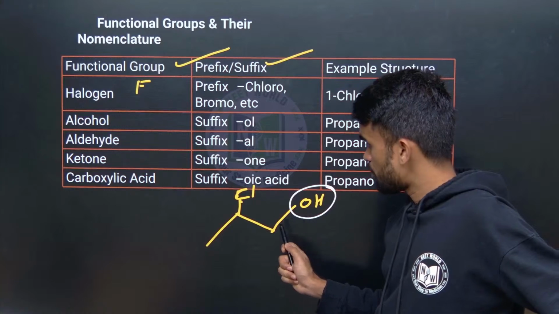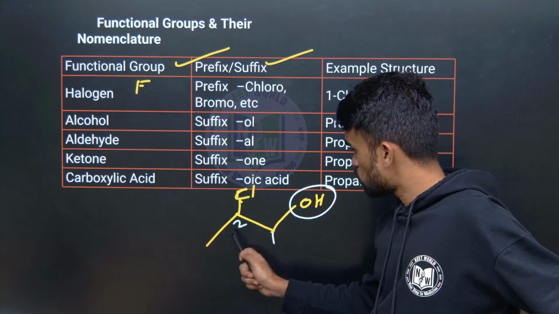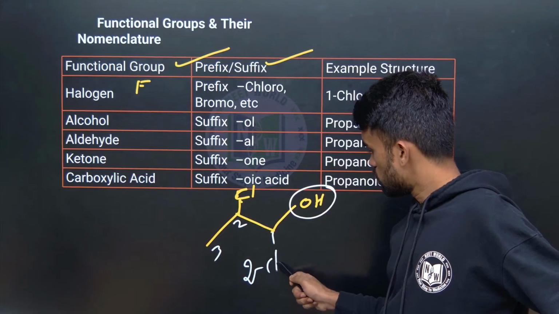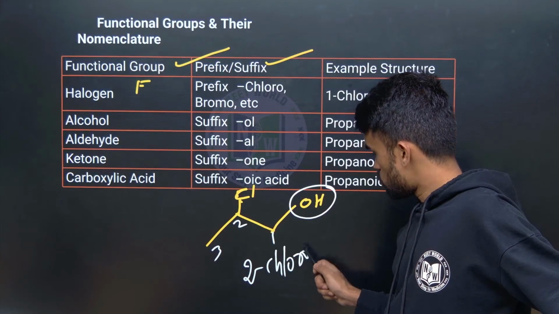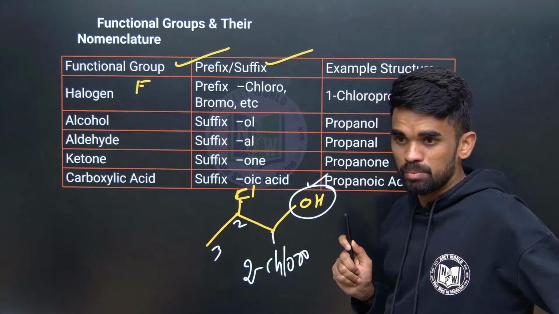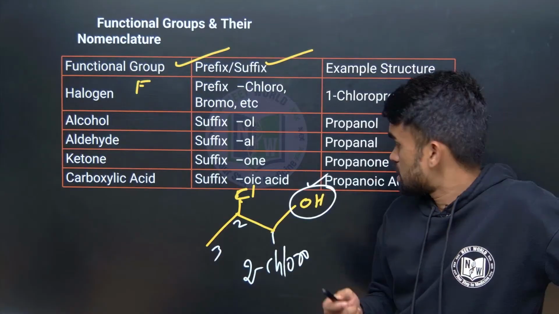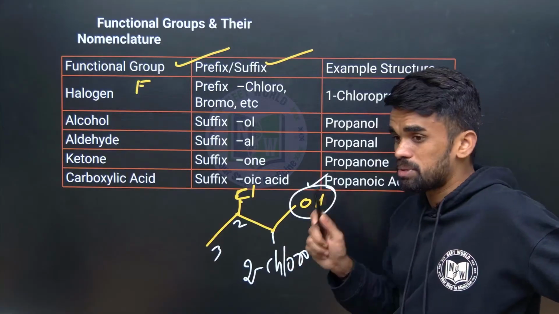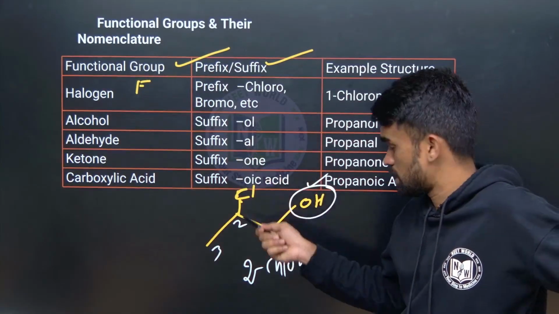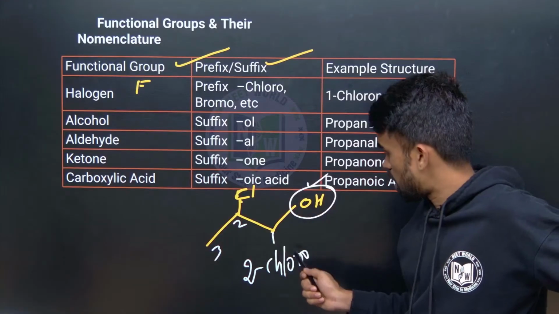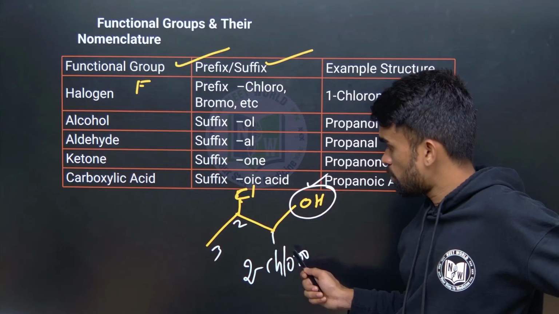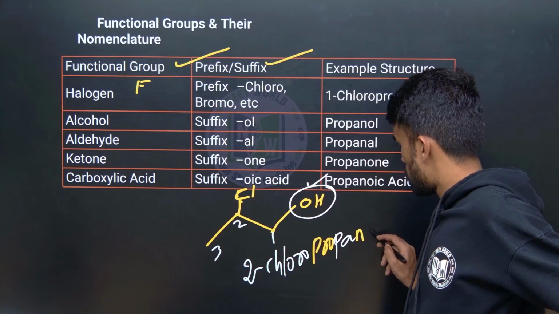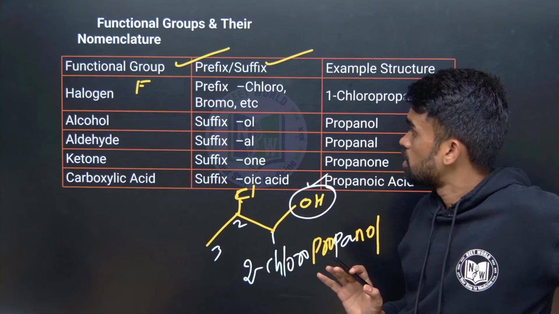So if I say 1, 2, 3, what is the name of this? 2-chloro. So when it is a priority or principal functional group, the name of this functional group should be at the end of the name. I mean, it should be the suffix. So what can I write? 2-chloro propan-ol. pentanol. That's it. Okay.